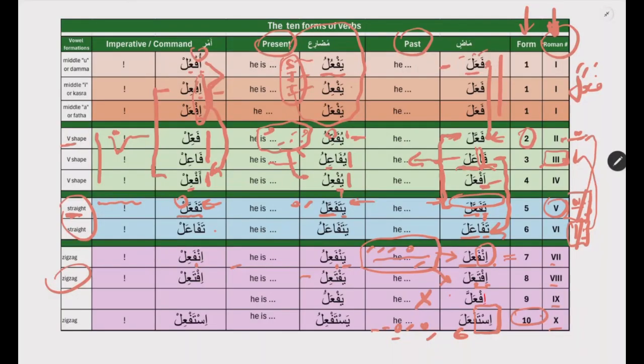We said this fa'ala is simply like an XYZ, a random 3 letters chosen to show you the pattern and how prefixes and infixes appear in it, and it highlights the prefixes and infixes a bit more by using the 3 letters of the root that we chose, which is fa'ala. Now, this one looks a bit complex, but don't be afraid. It will come with practice, and it's easy to remember and to use.